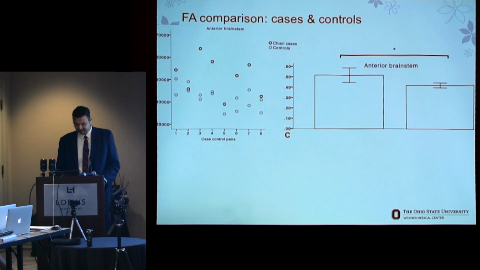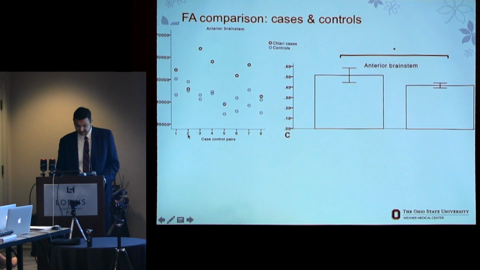So these are the FA comparisons between cases and controls. These are healthy controls compared with patients with Chiari 1 malformation. The FA value in the anterior brainstem compartment is shown with these darker circles. As you can see, patient number 1, the FA is higher than both its controls. Patient number 2, it's somewhere in the middle, but for most of the patients, the FA values are higher than their respective controls.